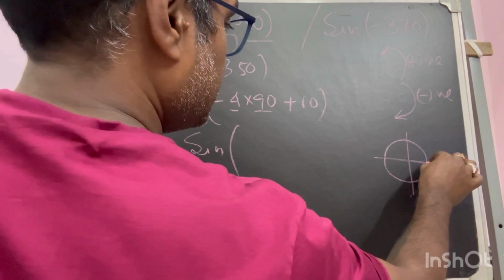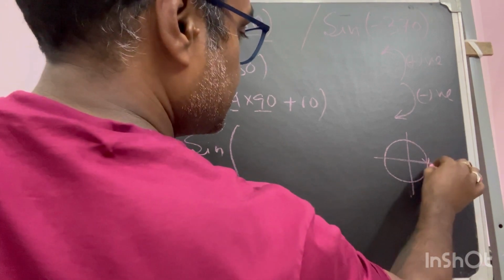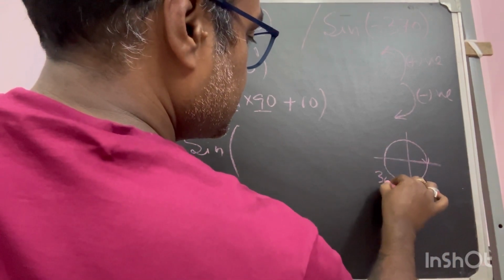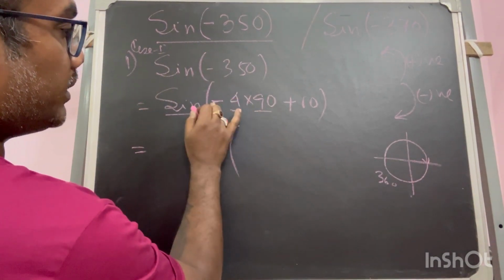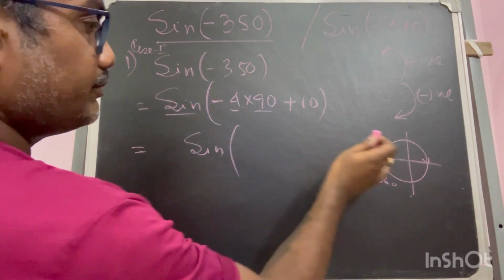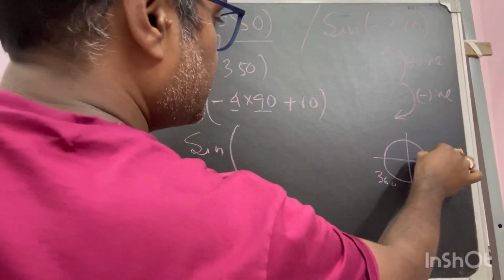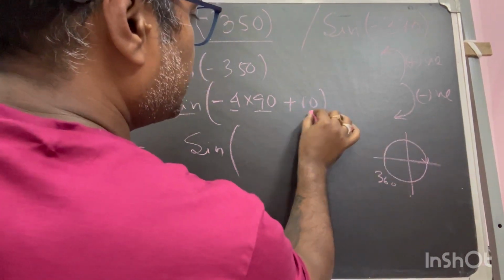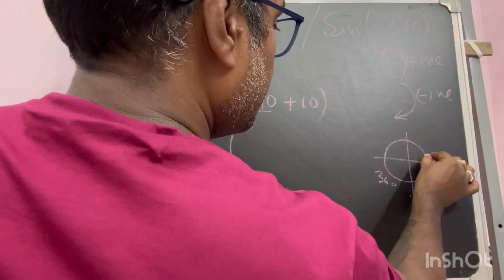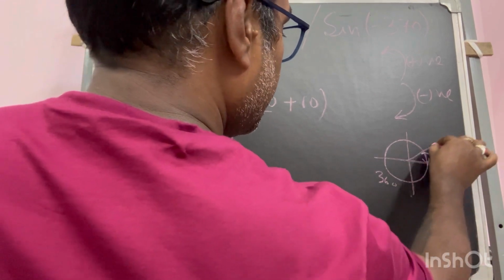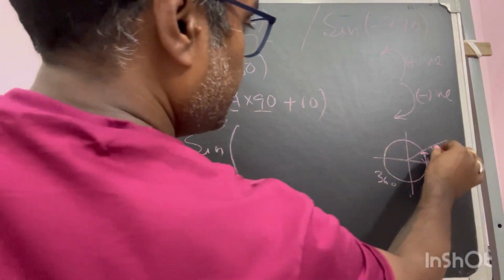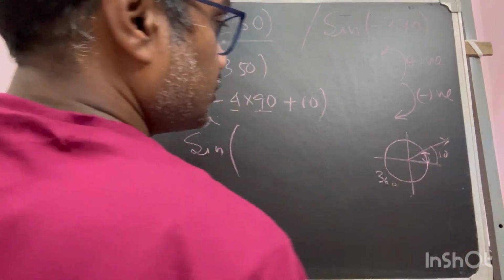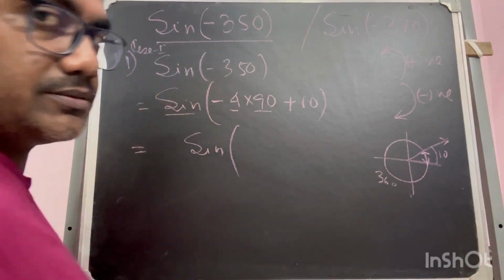Then after this, plus 10 means I am rotating back anti-clockwise by 10 degree. This is your 10 degree. So ultimately the final position will be represented by this. So where does this final position come?